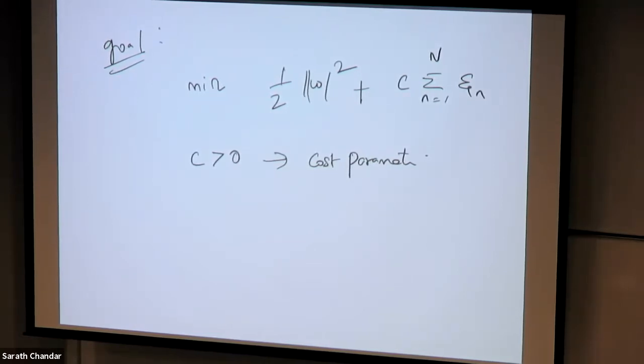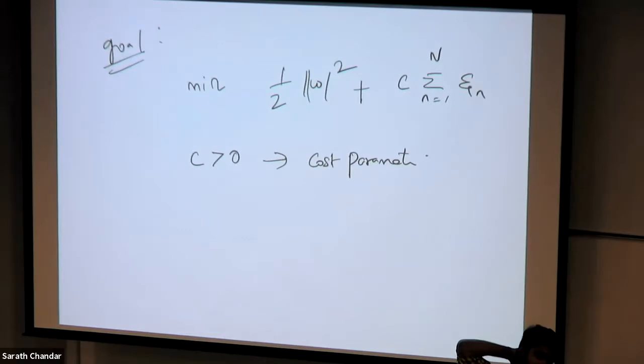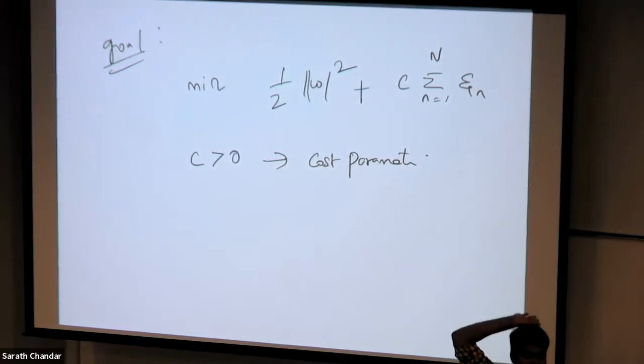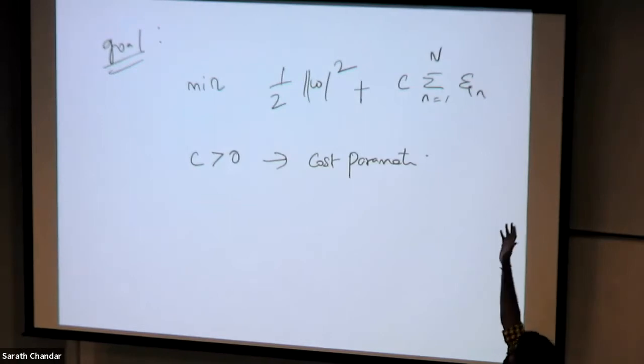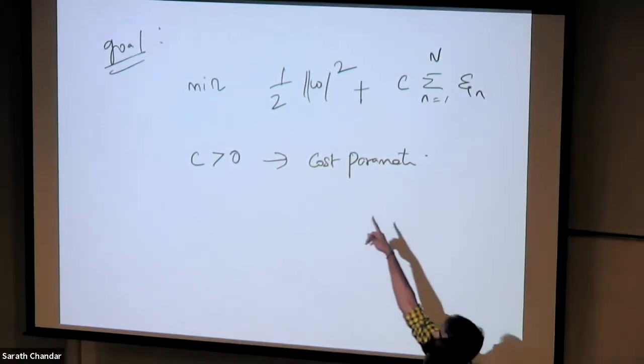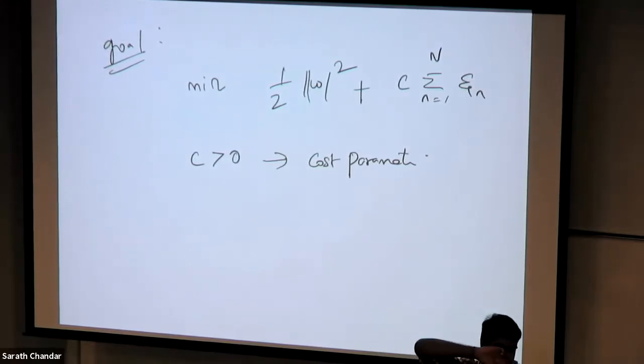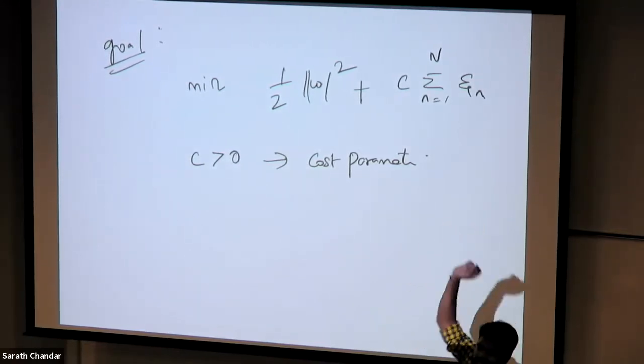Now, previously in the hard version, I just had this minimization of 1/2 w squared with some constraints, right? I haven't put the constraints here yet. We have to put the constraints. Maybe we'll do that after the break. But for now, I just added an extra thing to make things softer. I'm giving you some leniency, and the leniency is decided based on the C value.